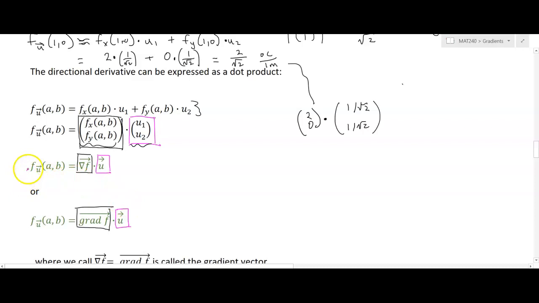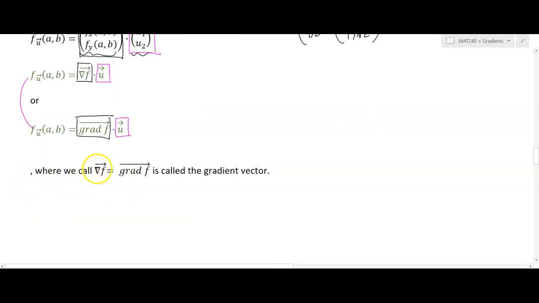And so notice that these two notations are identical. So grad F, or sometimes people read this as del F. You'll sometimes hear that this is read as del F, and that they read this as grad F. But they both mean the same thing. They are the gradient vector.